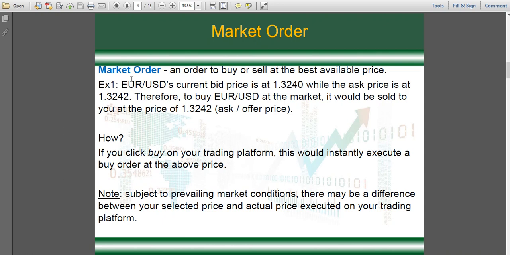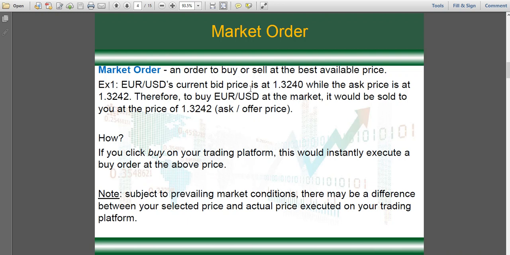In other words, consider an example. Euro USD is currently having a bid price of 1.3240. Remember from the previous videos on Forex Concepts Part 1 and Part 2, we talked about these things; you may want to check them. 1.3240 is the bid price.